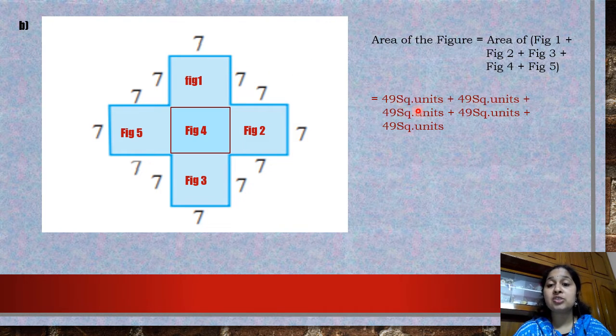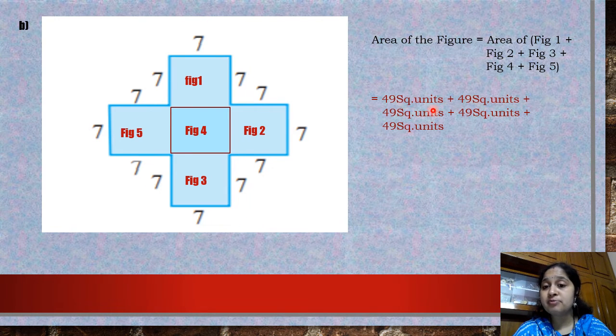So 49 square units plus figure 2 is again 49 square units. Figure 3 is also 49 square units. Figure 4 is also 49 square units. And figure 5 is also 49 square units. All the squares are of equal dimensions. So I've added 49 square units 5 times because we have 5 figures.